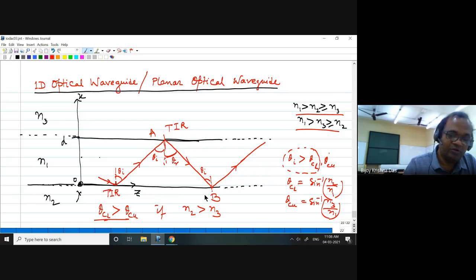Okay, so what is the phase change at A and what is the phase change at B because of the total internal reflection? Can anyone tell? At A, you know that expression, right?